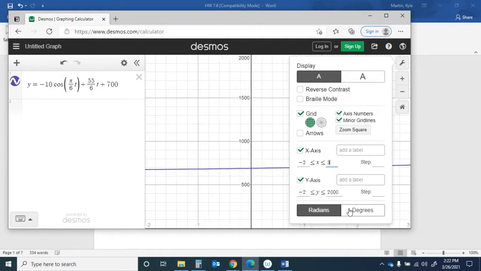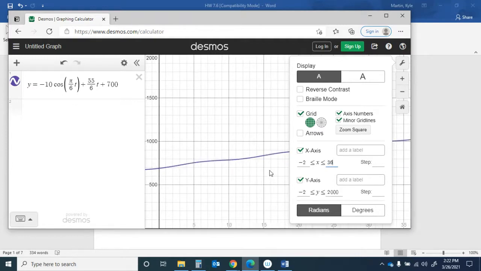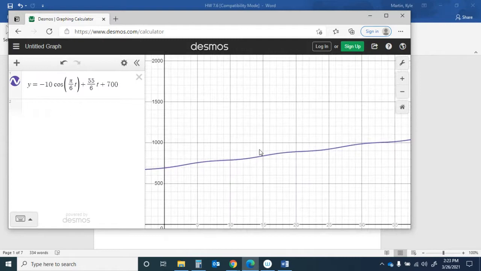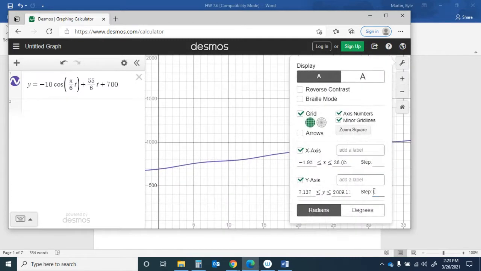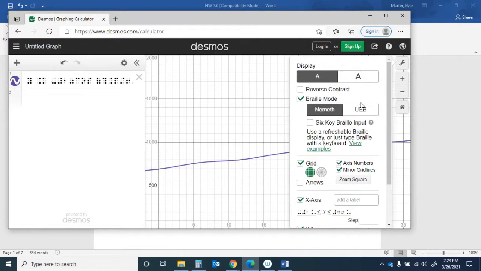So let's go for about 3 years, 36 months. And then let's change the scale on the y-axis. Let's go by, I don't know, 50s. Hundreds. Ooh, Braille. How'd that happen?